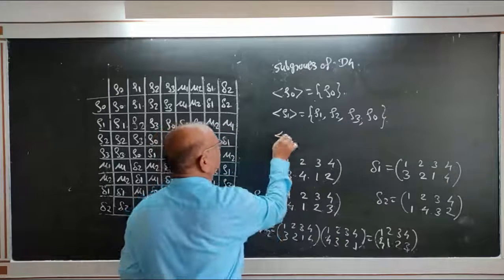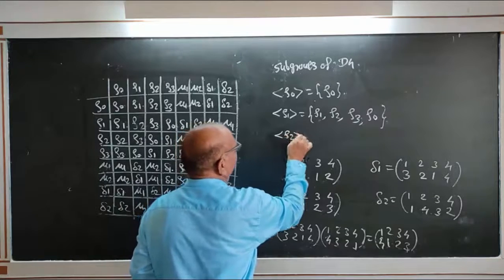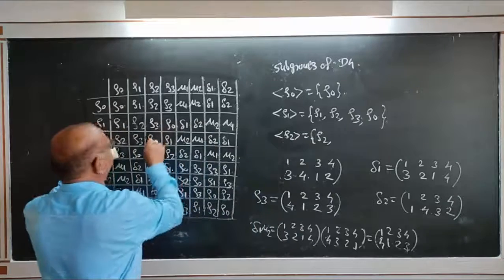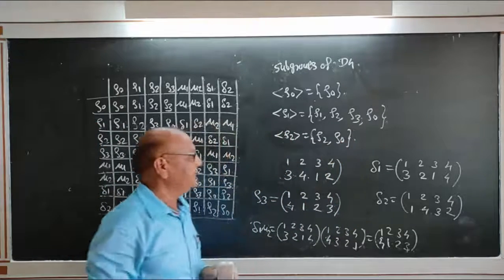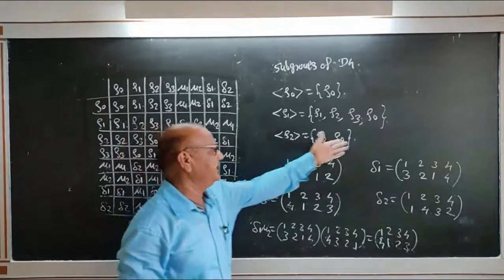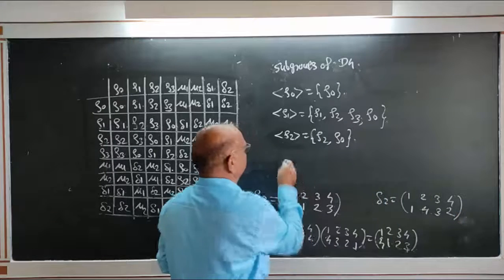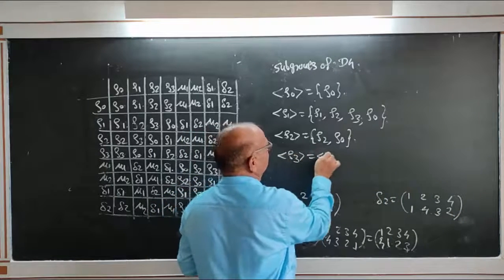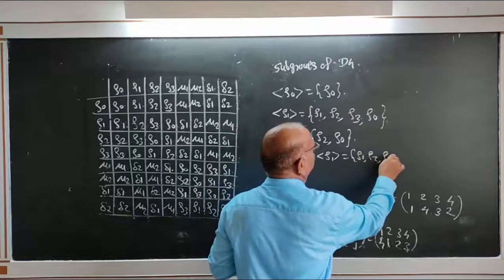Now, if you take the subgroup generated by row 2, row 2 into row 2 is row 2 square, that means row 0. If the identity element comes, then stop. Now, this is again row 1, row 2, row 3.